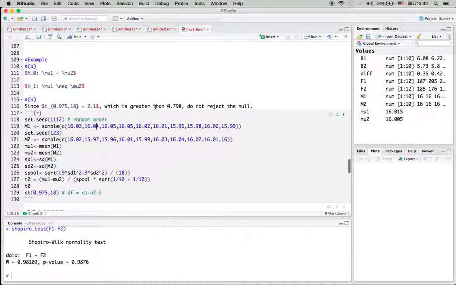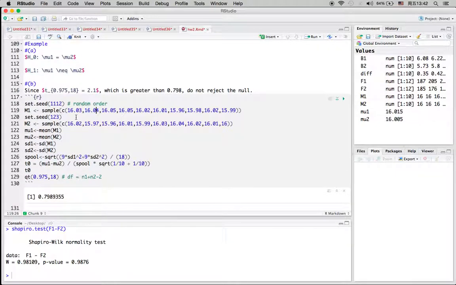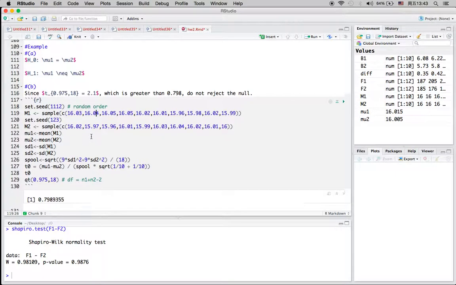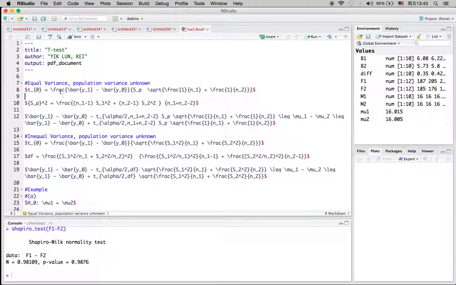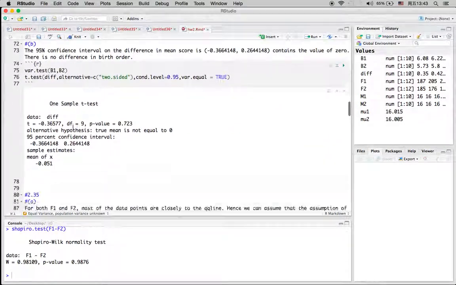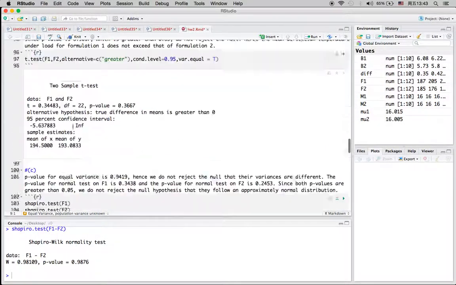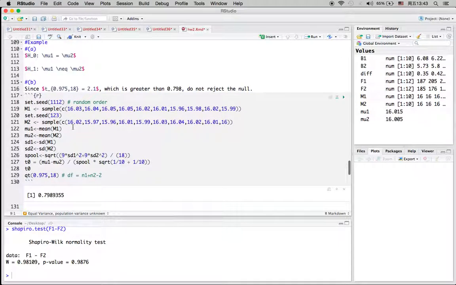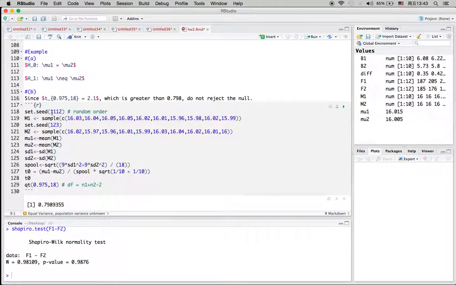So in the next examples, we are going to use the mathematical ways to calculate the t-scores, which is we're going to apply the formulas here. So we're going to do it the manual way to check the t-score.